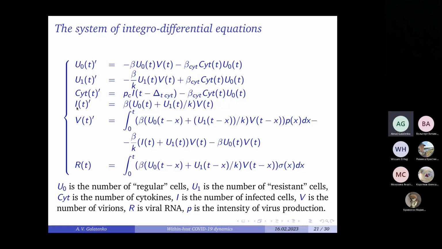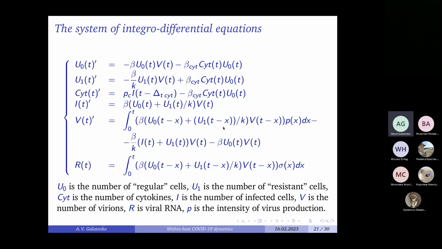The fourth equation corresponds to infected cells. They are produced either from regular healthy cells or from resistant healthy cells. Probably the fifth equation is the most interesting one, and it is in sync with the proposal made by Professor Volpert in his talk.